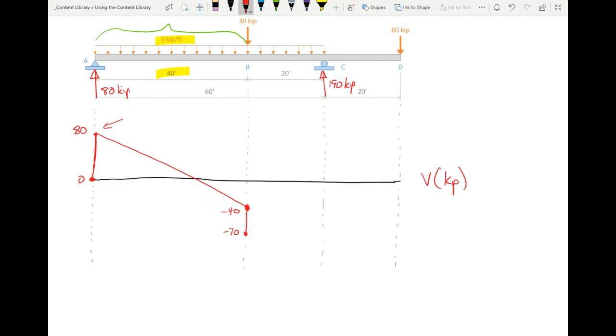Now, I want somebody to tell me, if that's the case, what I do from B to C. Somebody in chat tell me, what am I going to do in this region? I go down 60. And so where does that put me? If I'm at negative 70, where am I going to end up?